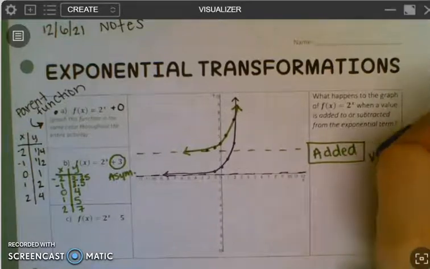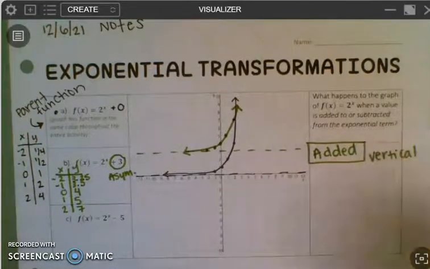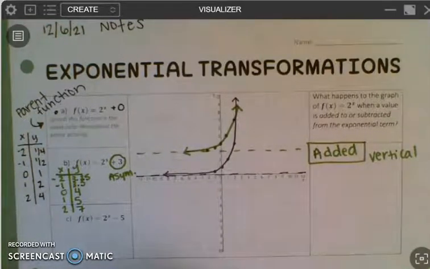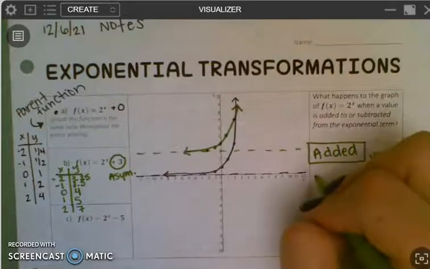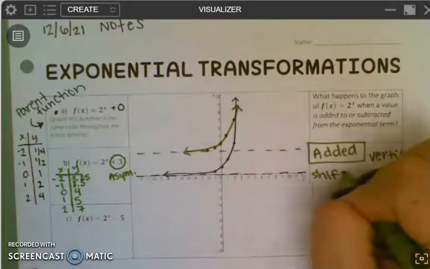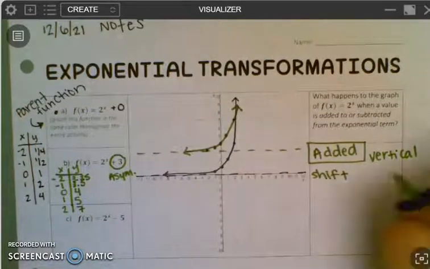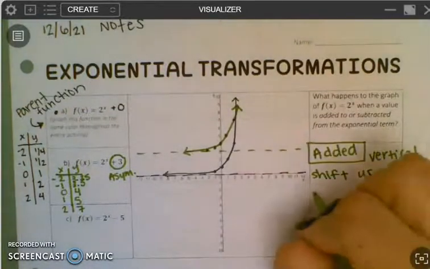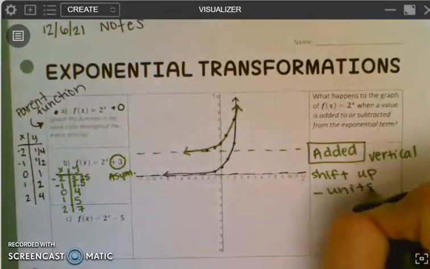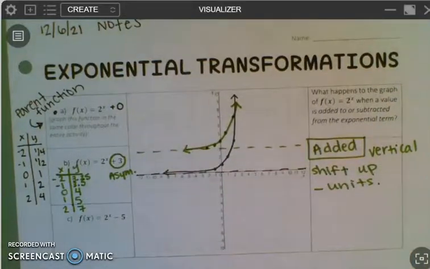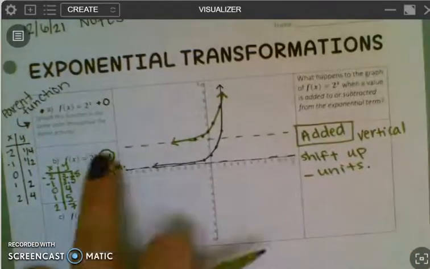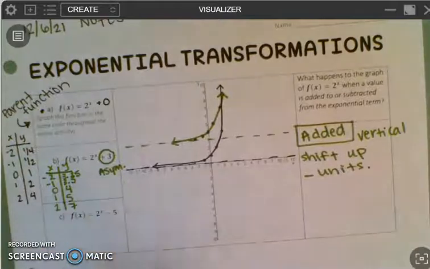That's going to be a vertical shift. Whenever you're moving up, down, left, or right, it's called a shift. You're shifting the graph. So a vertical shift up blank units. In this case, it was a vertical shift up 3 units.